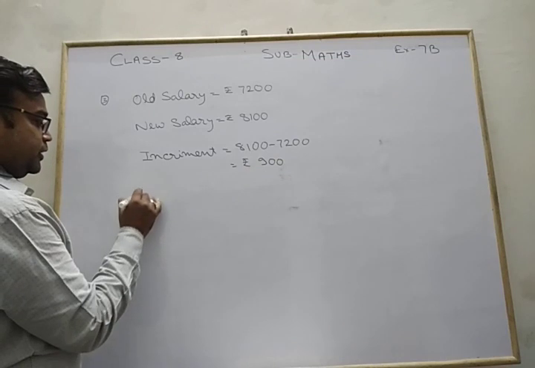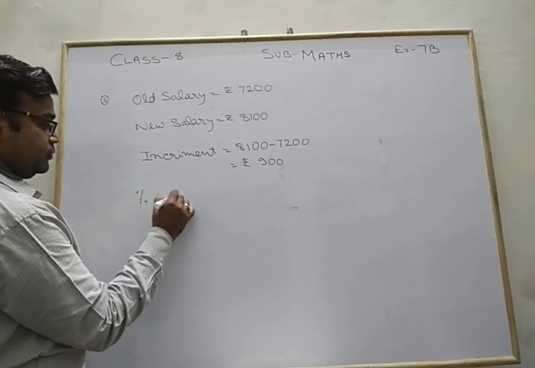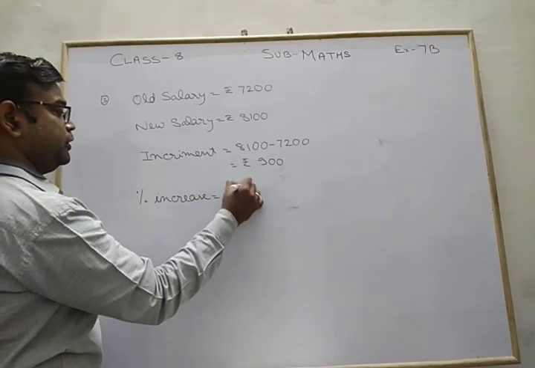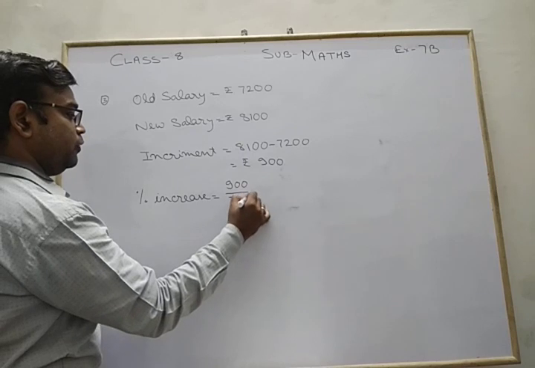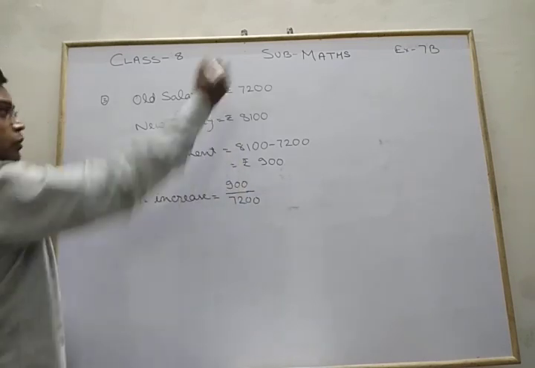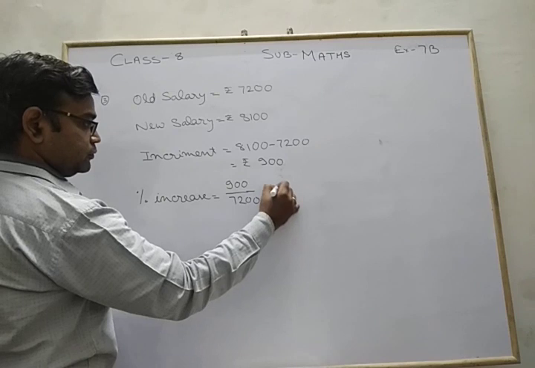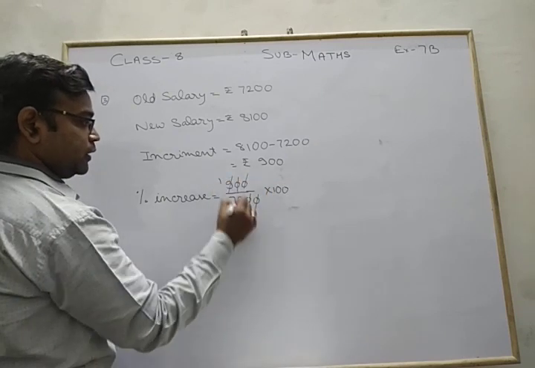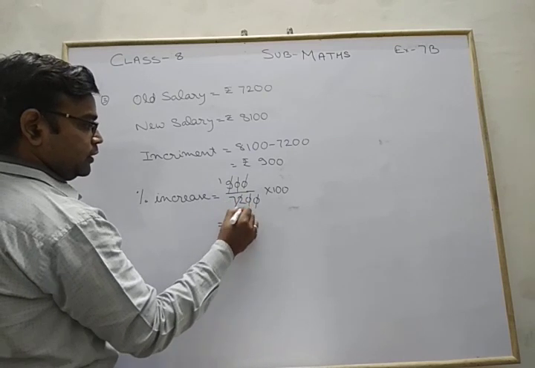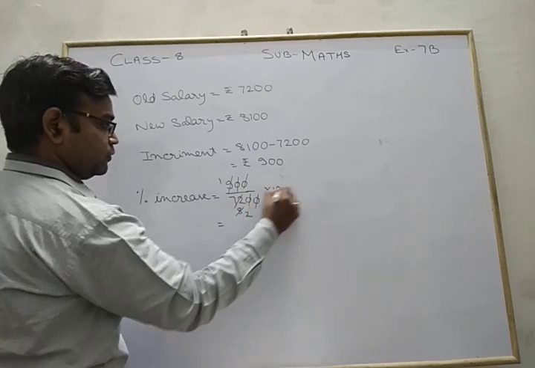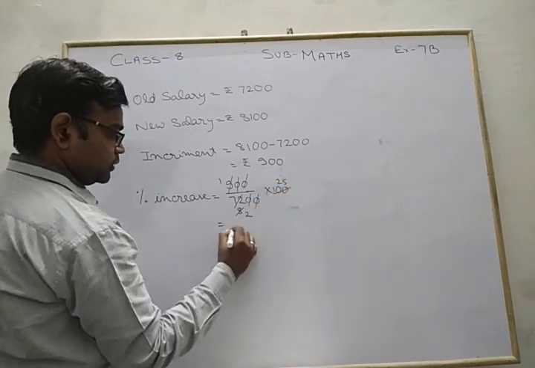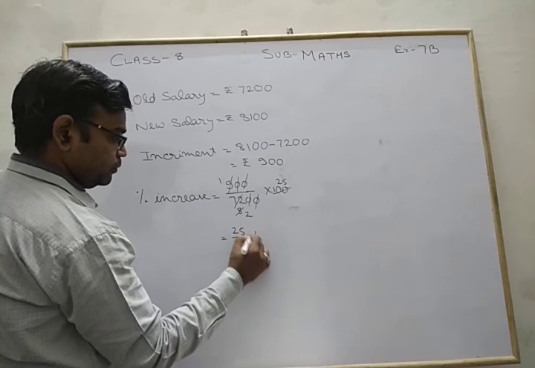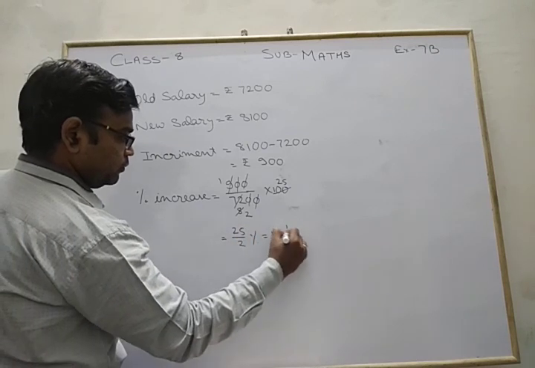So percentage increase equals 900 upon 7,200, because we always find the percentage on the original value. Then it is 25 upon 2%, or equals 12 1 upon 2%.